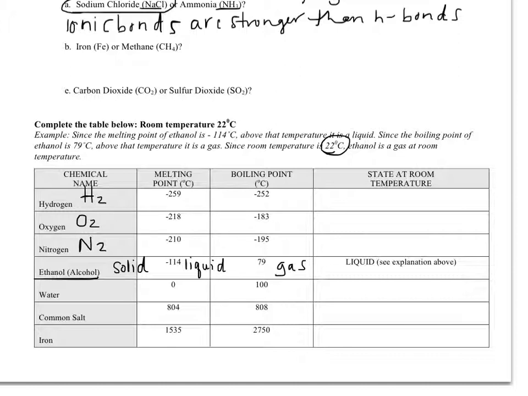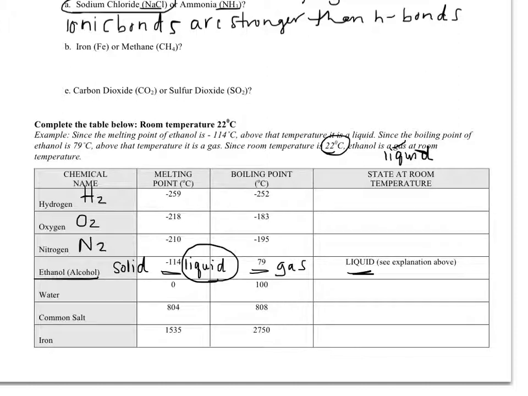I guess here we're saying room temperature is 22 degrees Celsius. Fine. It wants to know, what would it be? Well, 22 degrees Celsius is going to fall somewhere in between negative 114 and 79, and so it's going to be a liquid. Ooh, and I'm noticing a typo. This should say it's going to be a liquid at room temperature. And so that's why I've written this here.